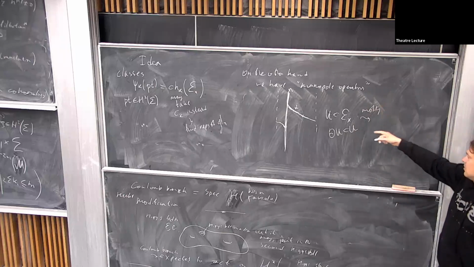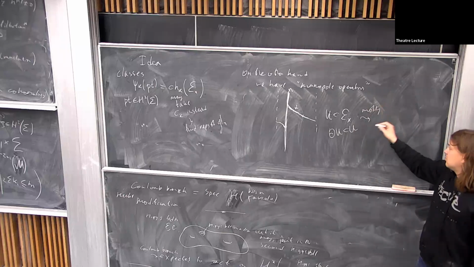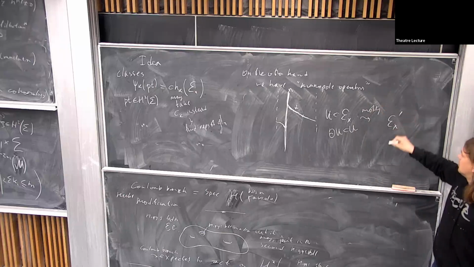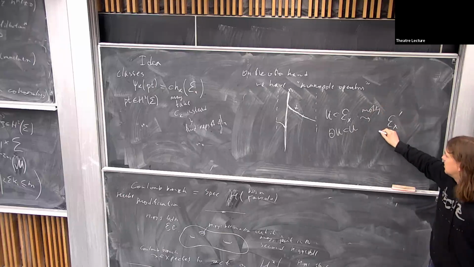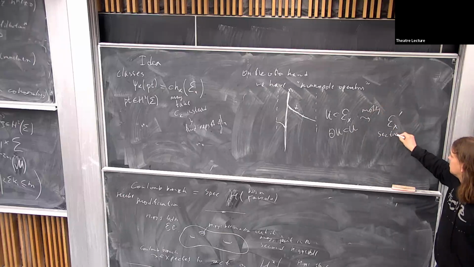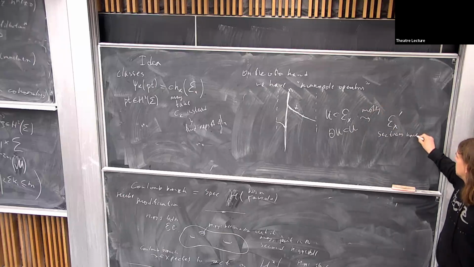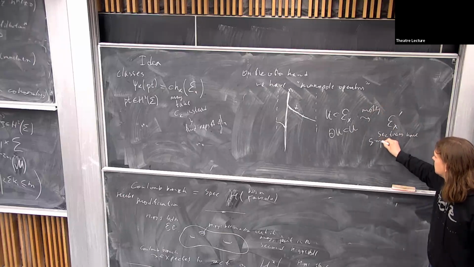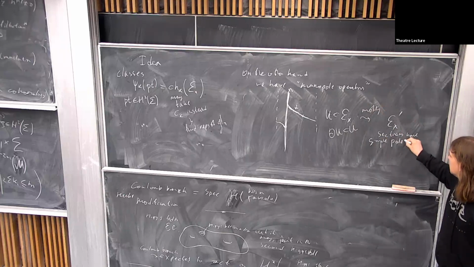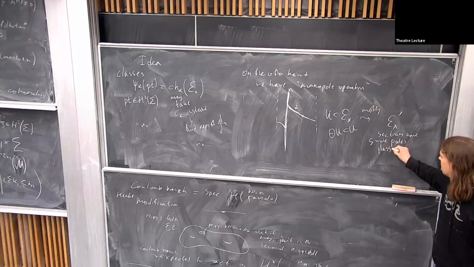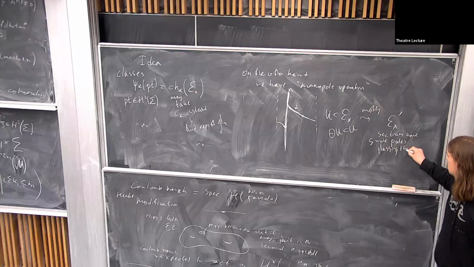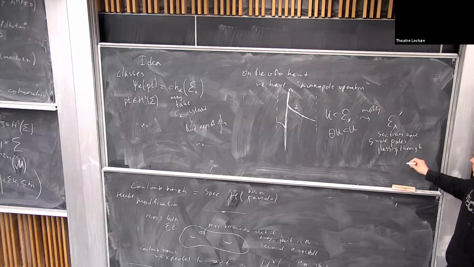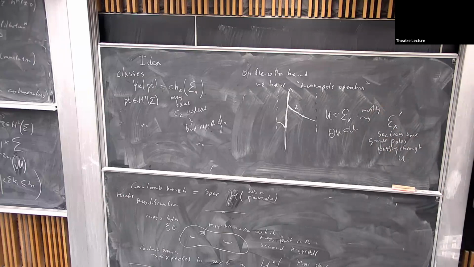You can consider a new bundle whose sections have simple poles passing through U. The construction of the new bundle.